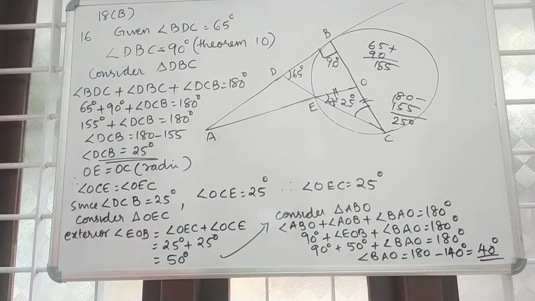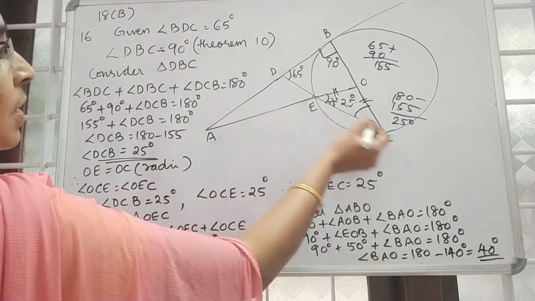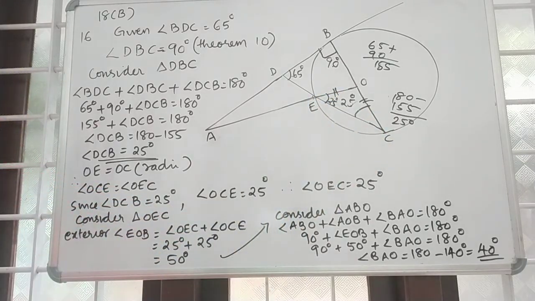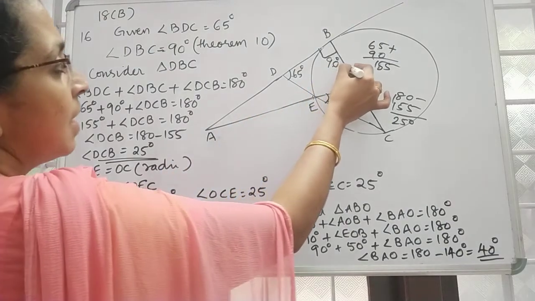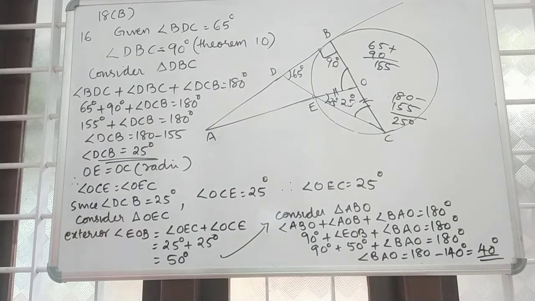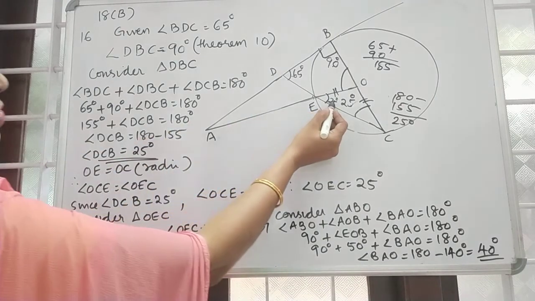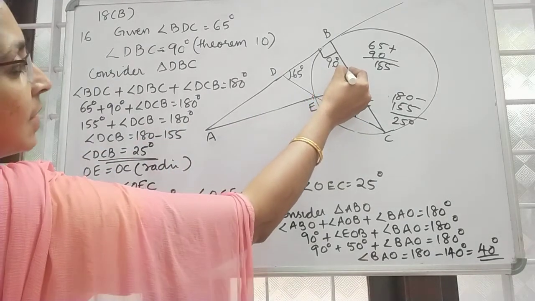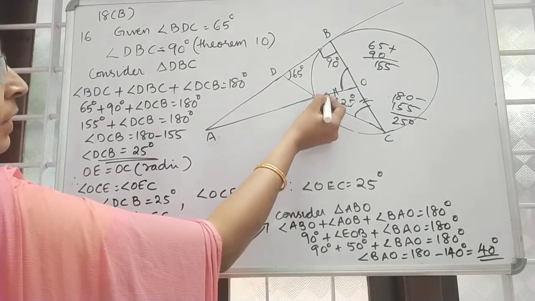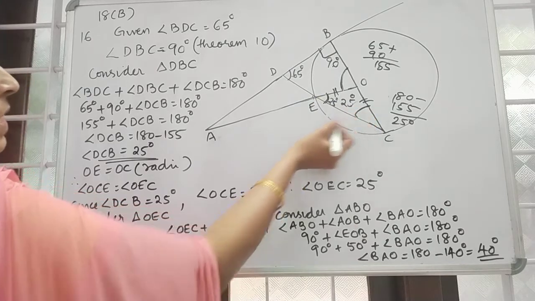Now we are considering the triangle OEC. Consider the exterior angle of OEC, that is, this exterior angle EOB. Since we have these two angles, exterior angle EOB will be equal to the sum of the opposite interior angles.